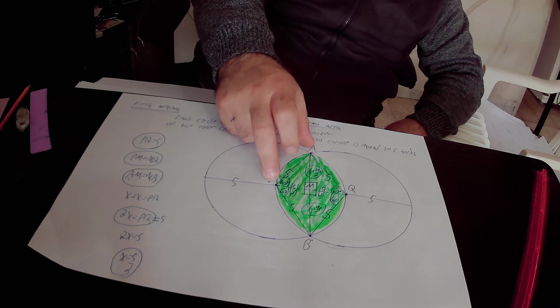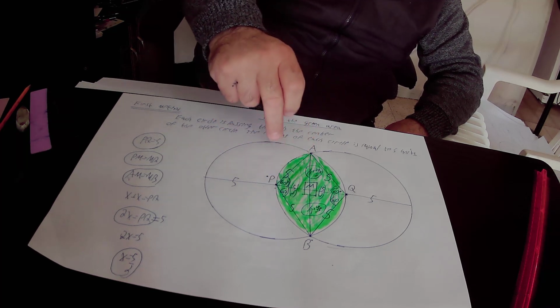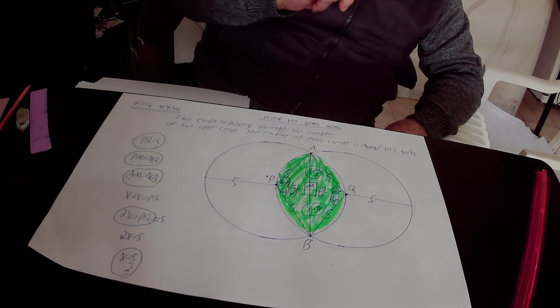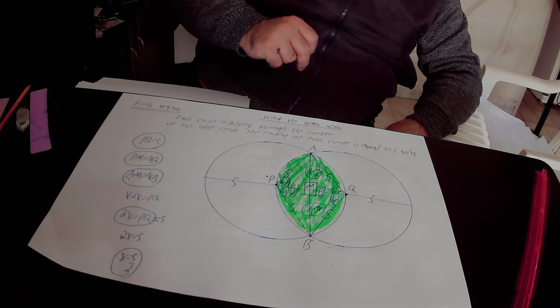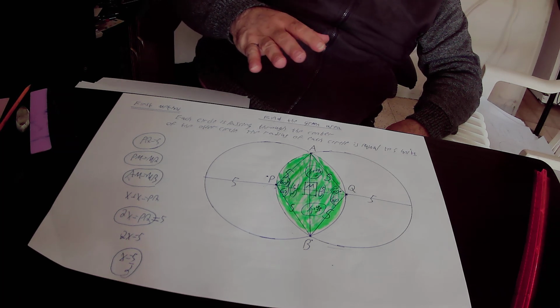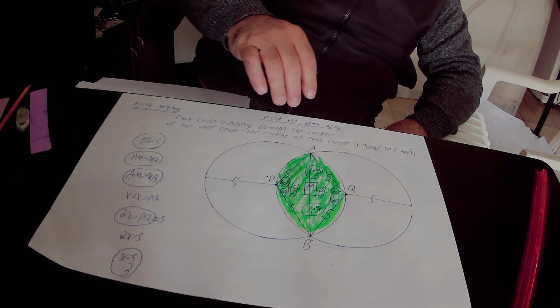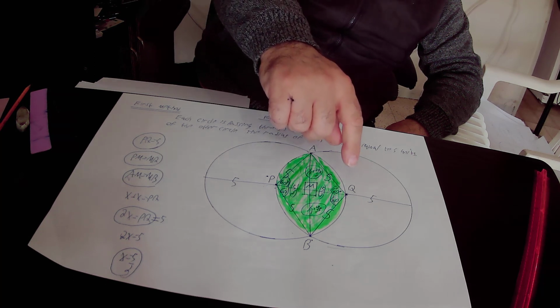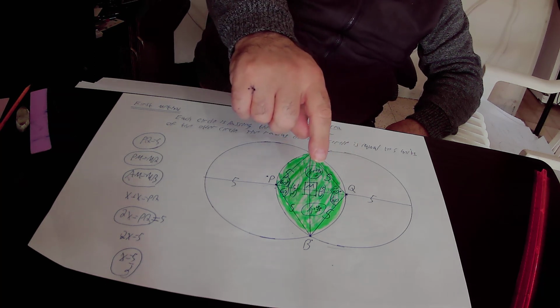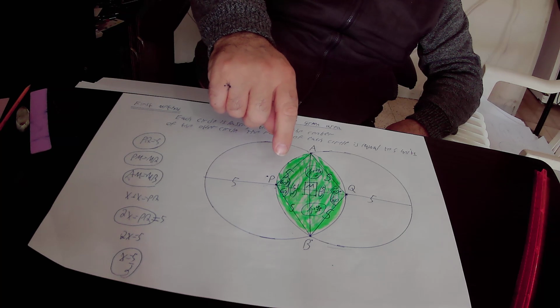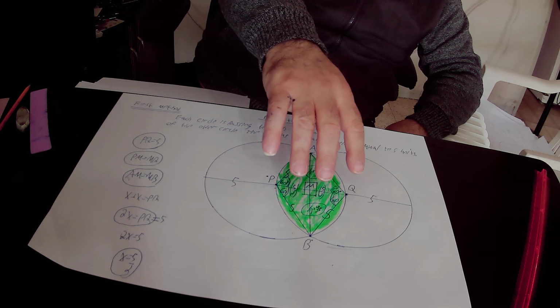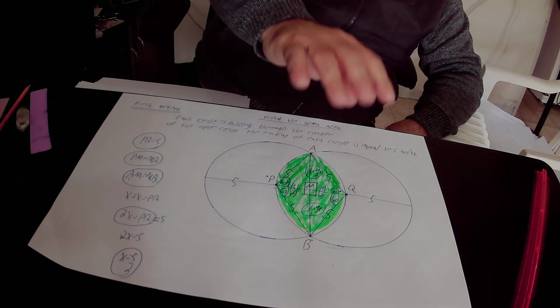Therefore, line segment AP is the radius of this circle, that is to say it equals 5 units. And in the same way, we will conclude that all the other segments AQ, BQ, and PB are the radiuses of those circles, that is to say they are equal to 5 units.